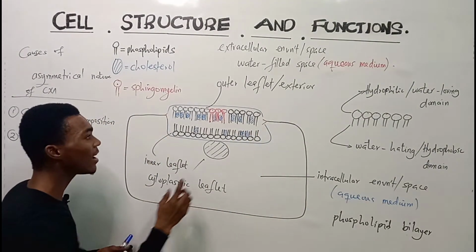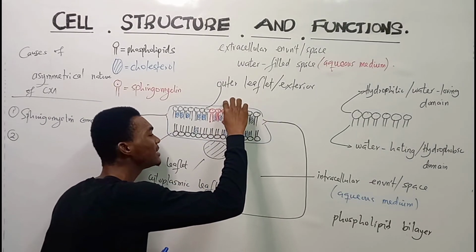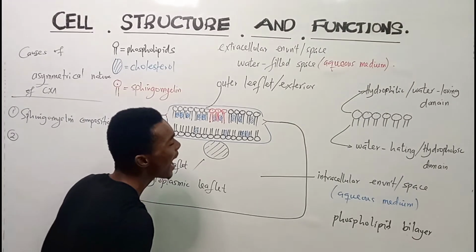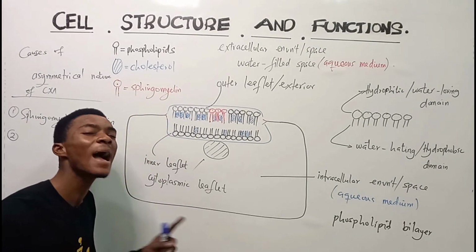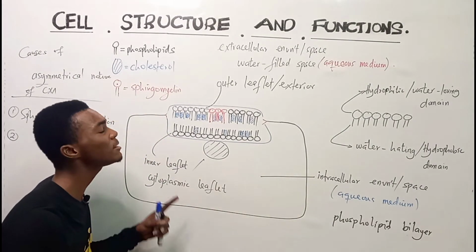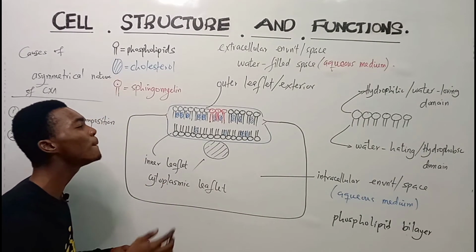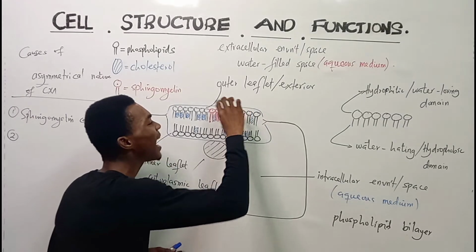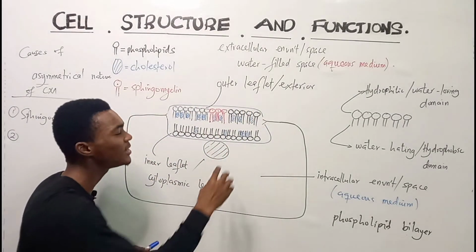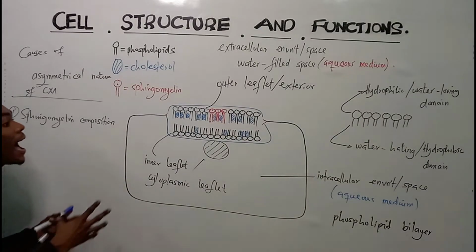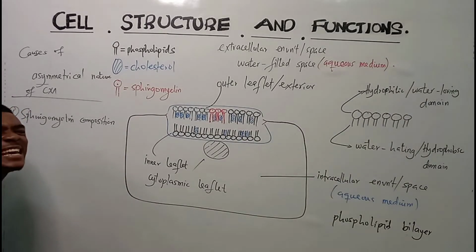No. It looks like there are more cholesterol in the outer leaflet as compared to the cholesterol molecules found in the inner leaflet. This is not happening by chance. In a typical human cell membrane, cholesterol molecules are more concentrated in the outer leaflet as compared to the inner leaflet. So it's also contributing to the reason why we are saying that our cell membrane structure is asymmetrical.